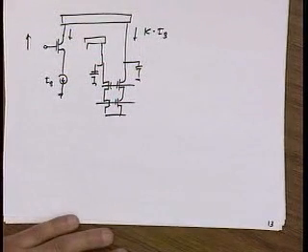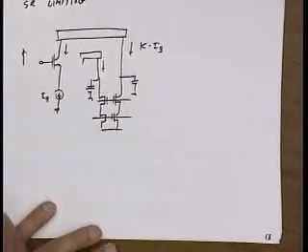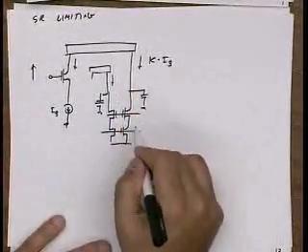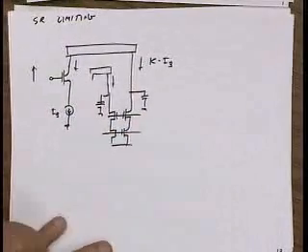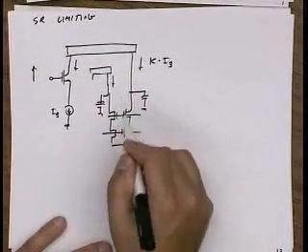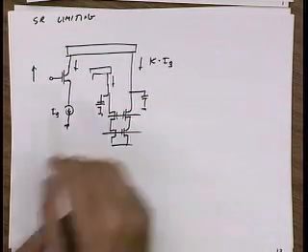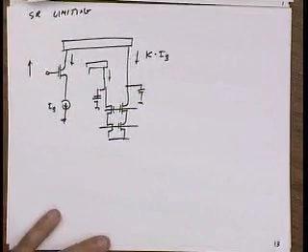Anybody? It's 0, right? Because there's no current flowing here. And because this is a fully differential output, I'm not taking this current, mirroring it over here, and driving. So this has the awkward property that it will slew on this side, but not slew on this side. Okay.